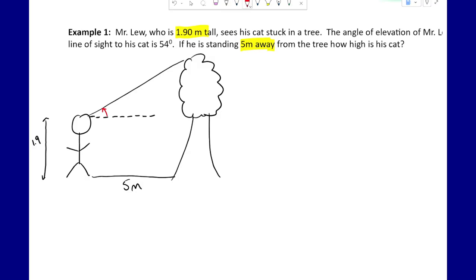The angle of elevation we have mentioned is 54 degrees. Again, that's going from the horizontal up to my line of sight. And the question is asking how high is the cat? And the cat, we're just going to draw a small little cat up here.